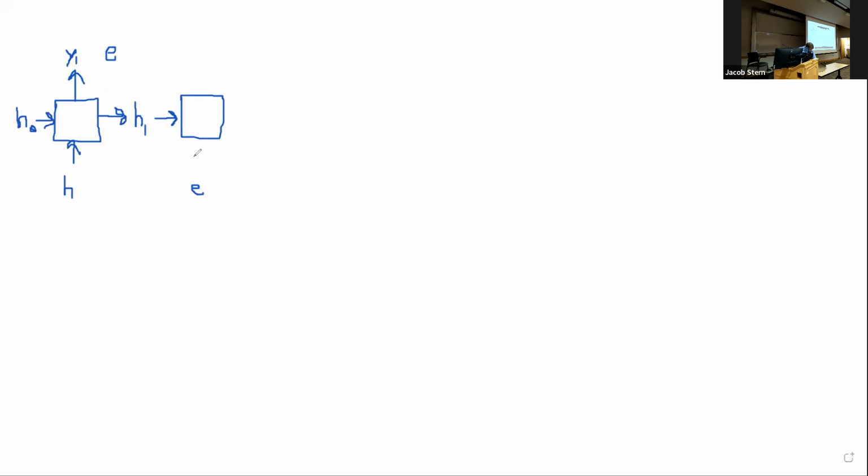So then this second block receives as input the letter E. And what do we want it to produce as its target? The letter L, exactly. And we will call the prediction for that letter Y2. And so at training time, however, we know exactly what the network is supposed to predict for each of the next letters.